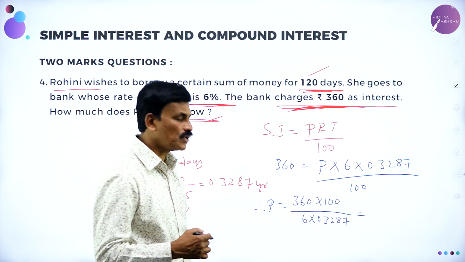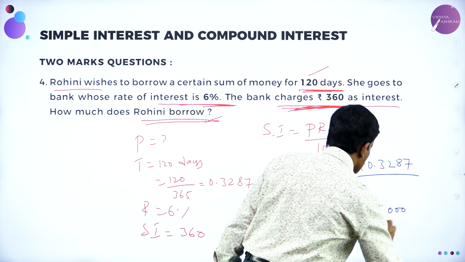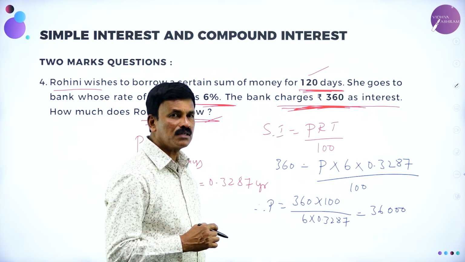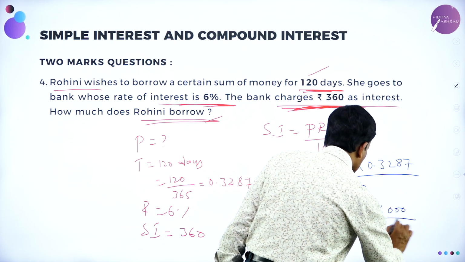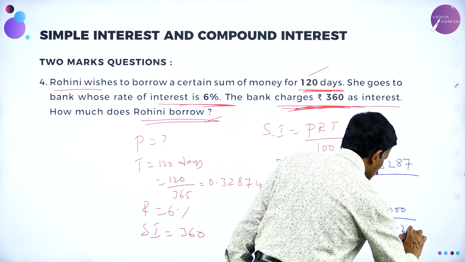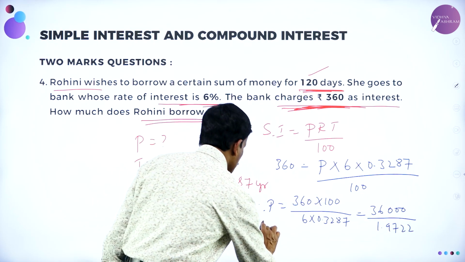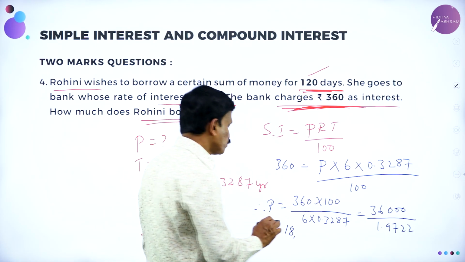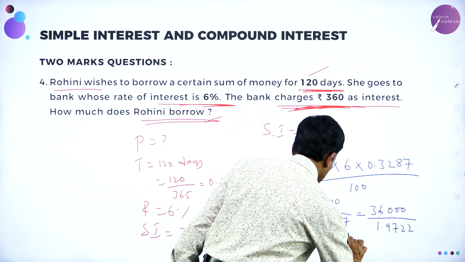So 360 into 100 is 36 followed by 3 zeros, 36,000. So 6 divided by 0.3287 is equal to 1.9 something, that is 1.9722. Now divide this. So you are going to get 18,253.7268.